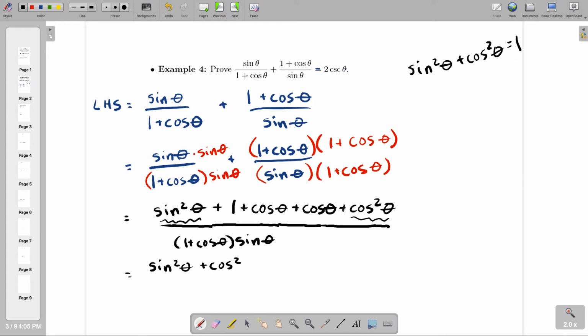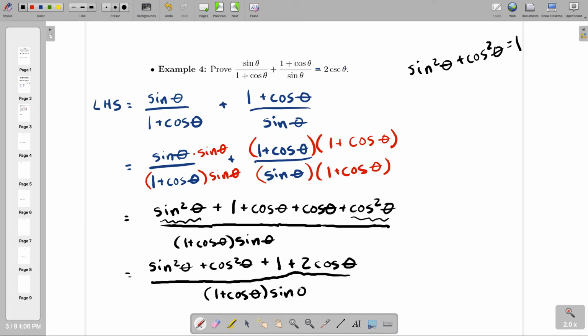Putting the sine squared and cosine squared theta next to each other. Plus 1 plus, and then of course cosine theta plus cosine theta is 2 cosine theta. And that's going to all be over 1 plus cosine theta times the sine of theta.